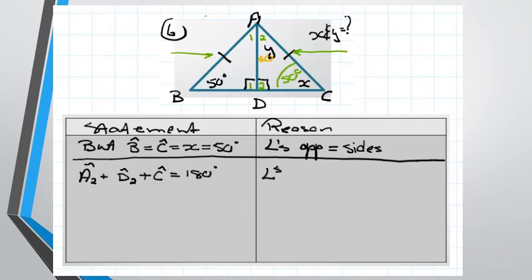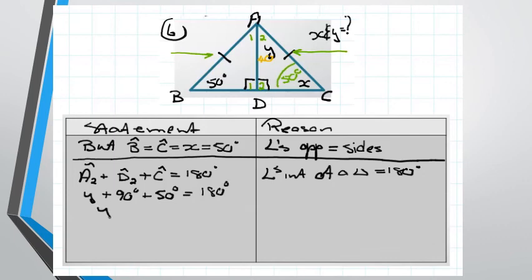The sum of the interior angles of a triangle equals 180 degrees. If I do my substitution now, angle A2 is y, plus D2 is that symbol representing 90 degrees, plus the angle C, which is x, previously determined to be 50 degrees. Altogether equals 180 degrees.